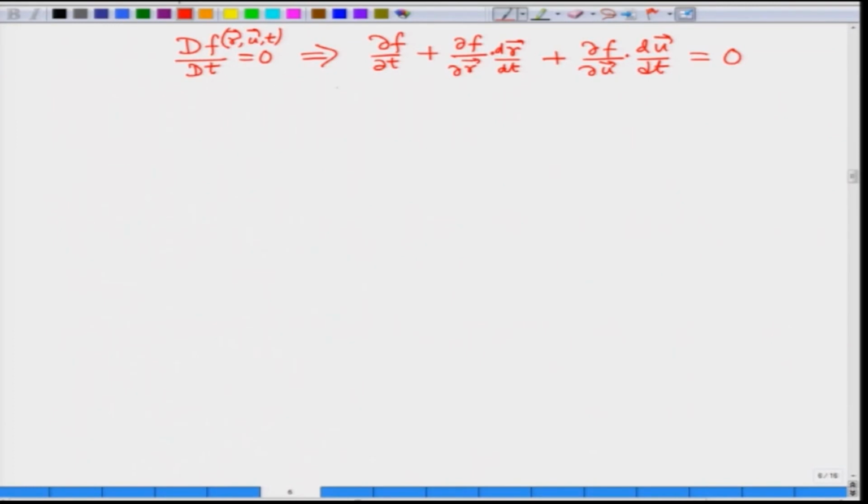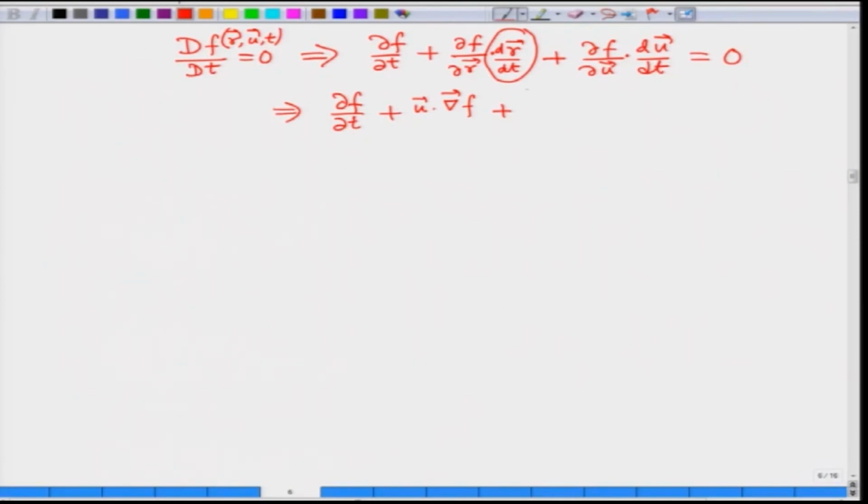So, what is this? This is del f/del t, okay, but what is dr/dt? dr/dt is nothing but the particle velocity itself again, right. This is the total time derivative of the position. So, this is nothing but u dot gradient of f, plus this one is du/dt. Now, we said that the particle can be subject to external fields, force fields.